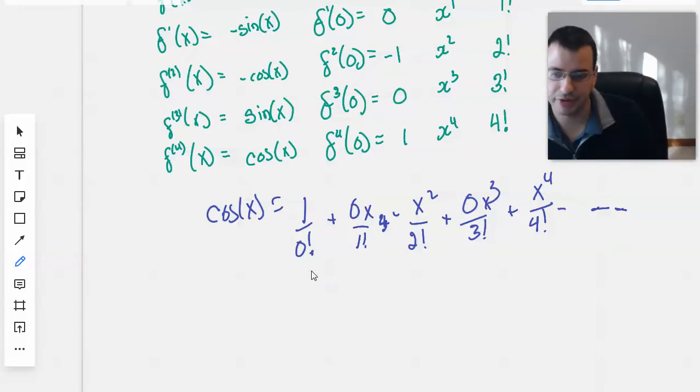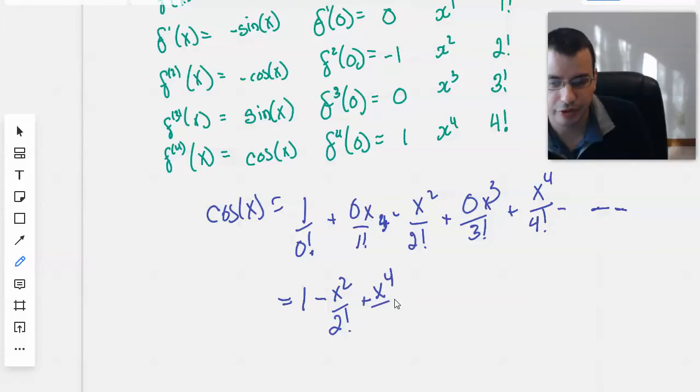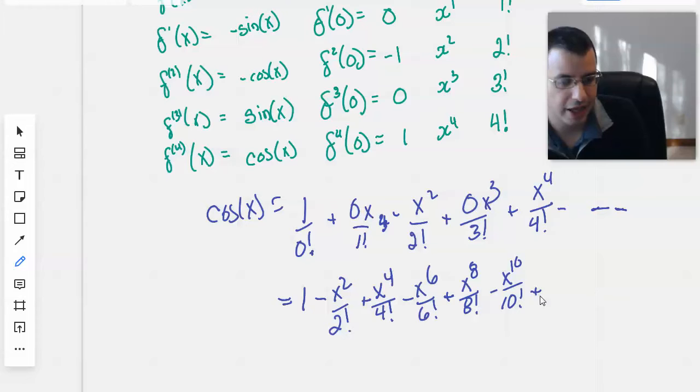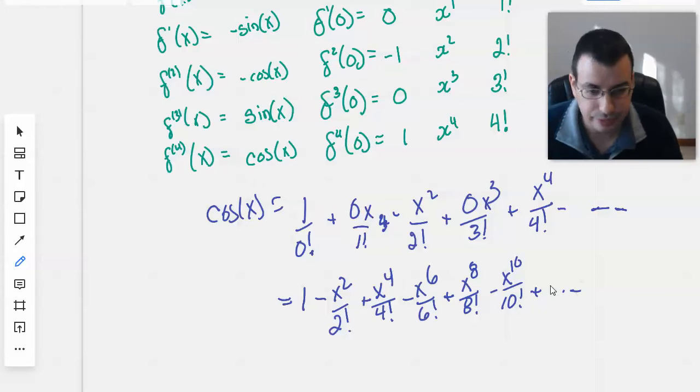So then simplifying things, we have 1 minus x squared over 2 factorial plus x to the 4th over 4 factorial minus x to the 6th over 6 factorial plus x to the 8th over 8 factorial minus x to the 10th over 10 factorial and so forth. Okay.